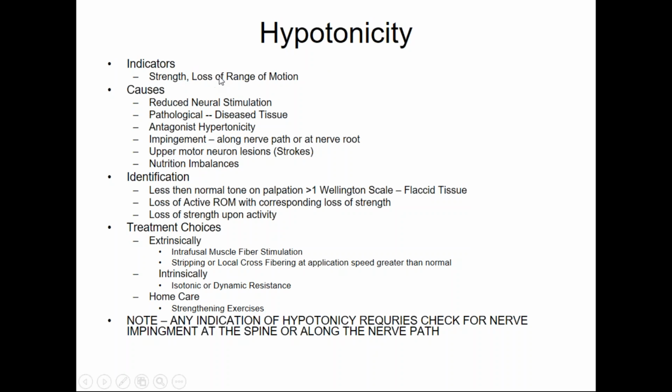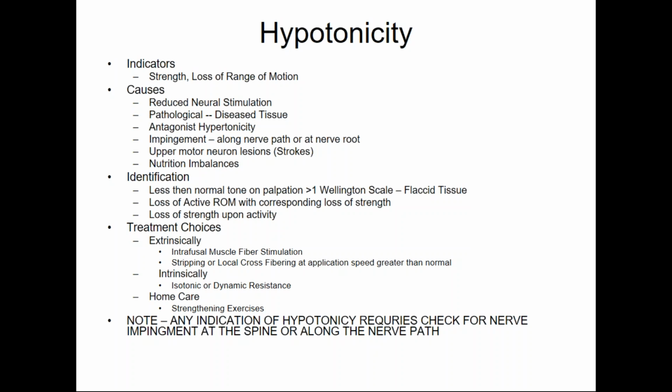The indicators for hypotonicity, of course, would be restricted range of motion on active but an equal range of motion on passive. That is an indication of hypotonicity. You can then apply a strength test, and if you have hypotonicity, you should theoretically have some loss of strength within the muscle.